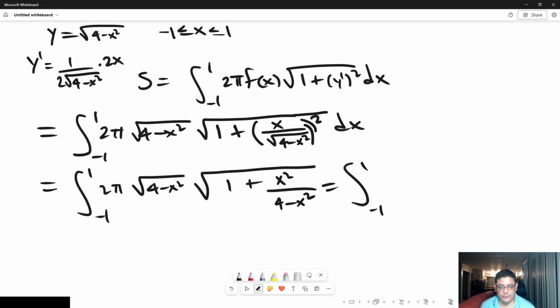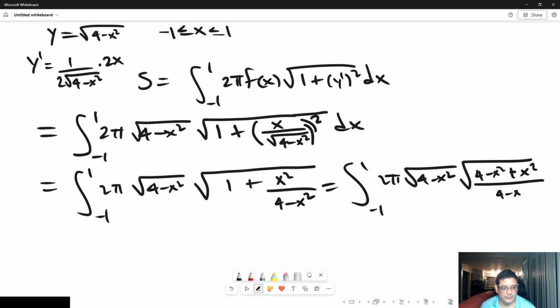So from minus 1 to 1, 2 pi times the square root of 4 minus x squared, times the square root of 4 minus x squared plus x squared, all over 4 minus x squared. This is just by adding 1 plus this in terms of fractions. Another way to see this very quickly is that 1 can be seen as 4 minus x squared over 4 minus x squared, so they have the same denominator.